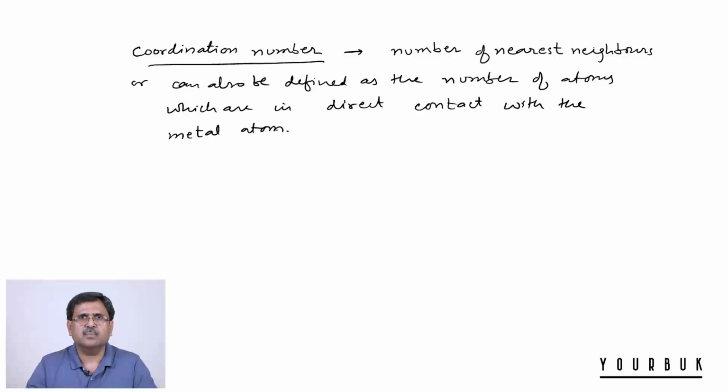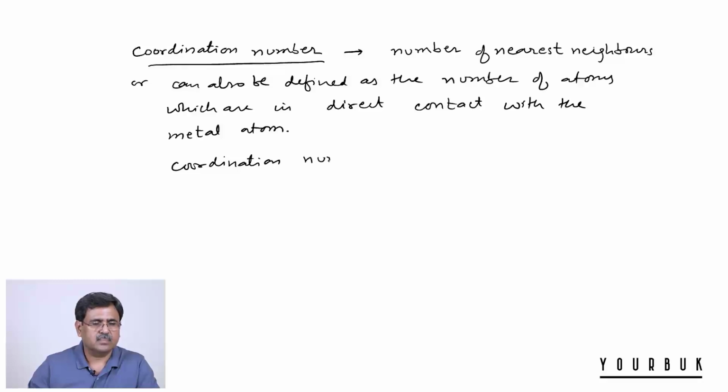To find the coordination number, we should know the denticity of each ligand in the complex. And coordination number you can calculate as this. So coordination number is equal to summation of Ni into Di, where Ni stands for the number of ligands, and Di stands for the denticity of the ligand.